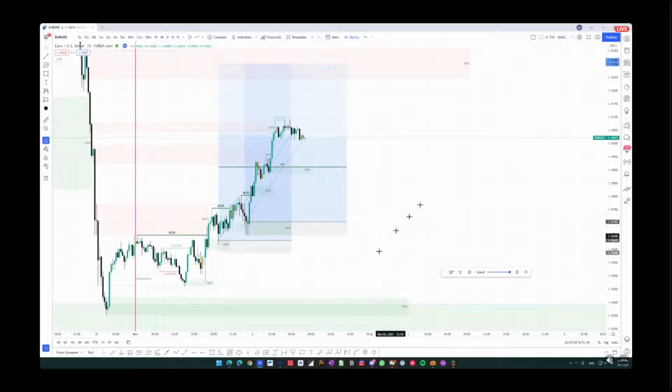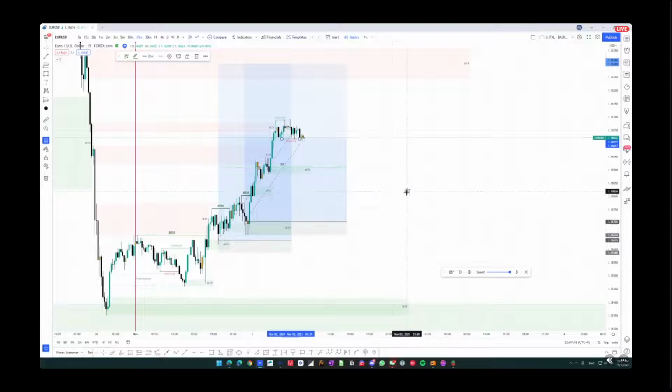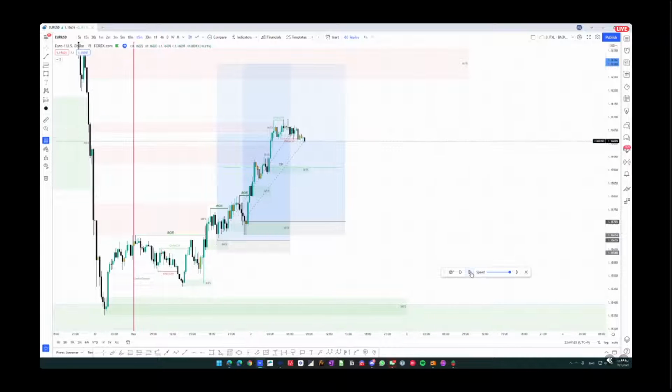Technically, we start to create a choch here. So this could be the start of a downward push. Yeah, see that? Anyways, let's just see how this plays out a little more.